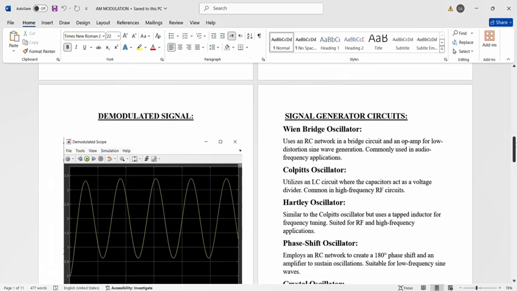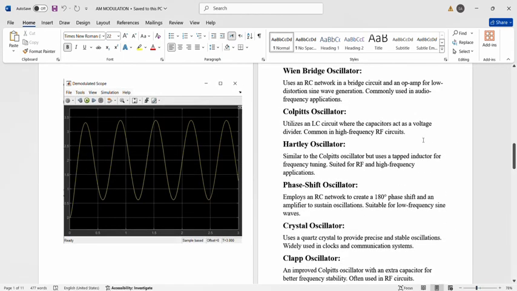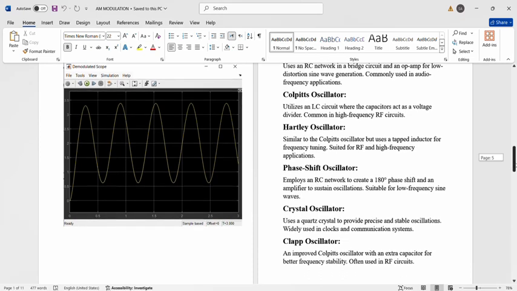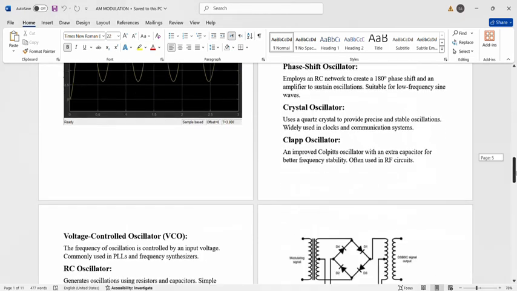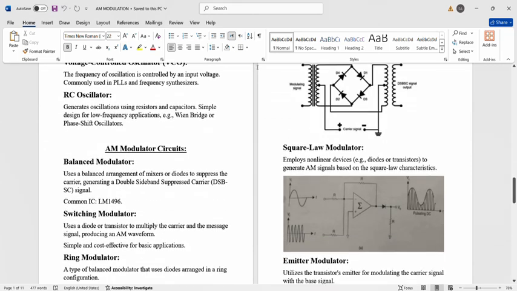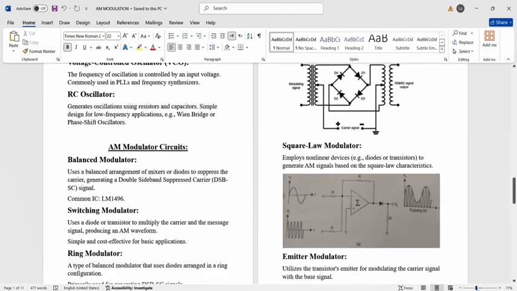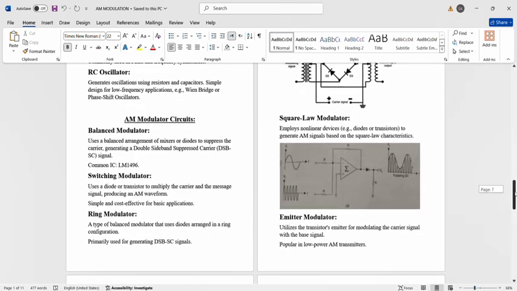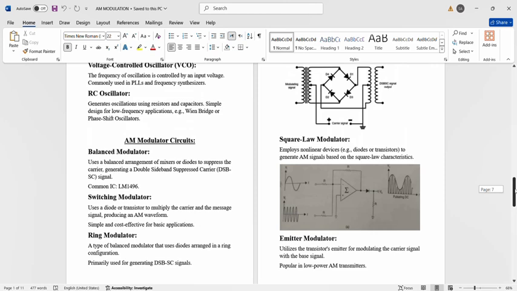For example, you can use Wien bridge oscillators, Colpitts oscillators, and there are many oscillators for sine wave generation of different frequencies. And in the modulation block of the above block diagram, there are modulation circuits, for which I have also added two pictures. There can be a balanced modulator, switching modulator, ring modulator.